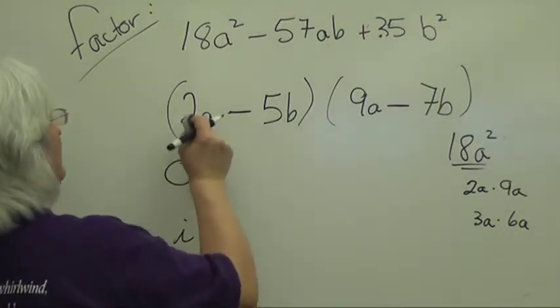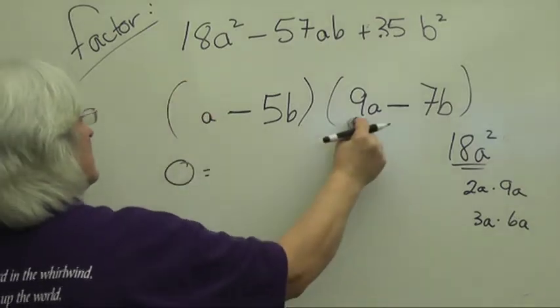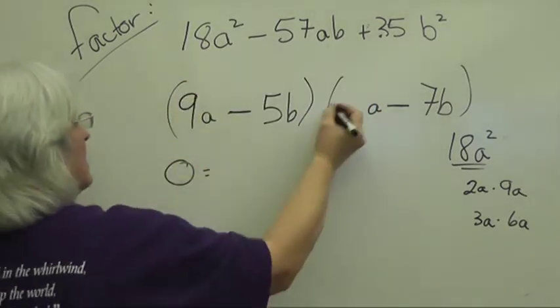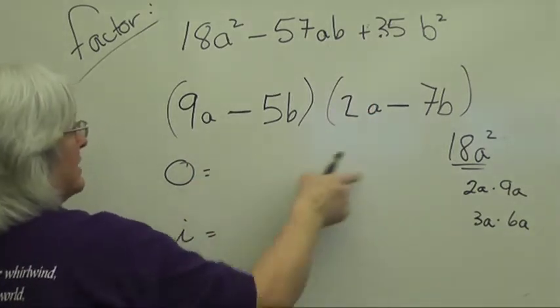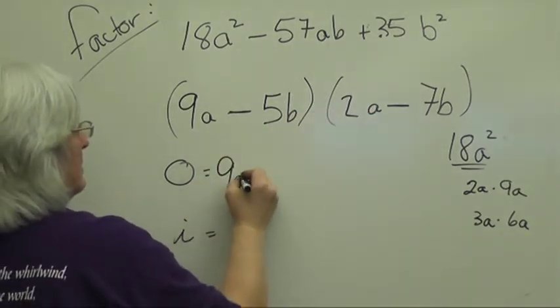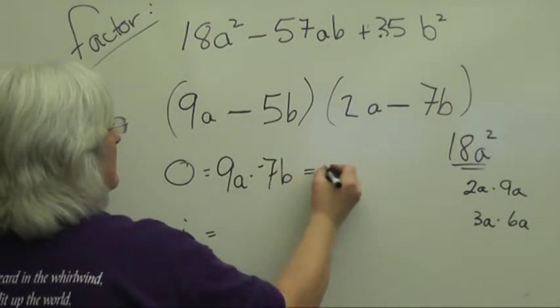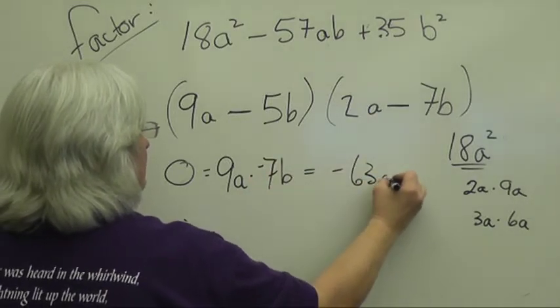So let's switch it around. Instead of having 2a and 9a, let's have it be 9a and 2a. The outside terms would be 9a times a negative 7b, and that would be a negative 63ab.